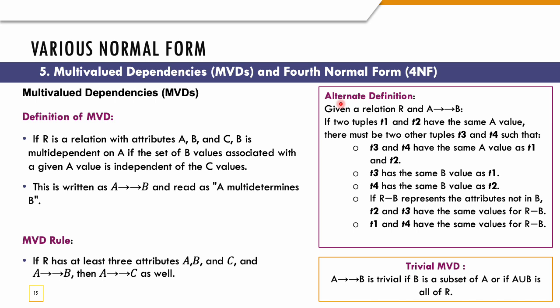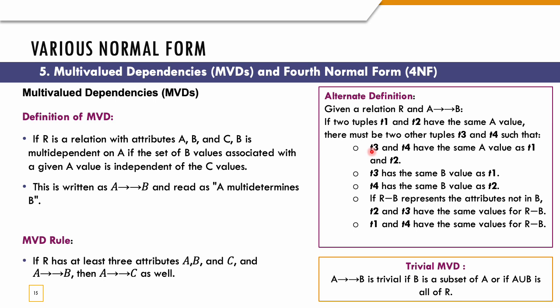If a relation R has an MVD A to B, and we have two tuples T1 and T2 with the same value of A, then there must exist two other tuples, T3 and T4, that also share the same A values as T1 and T2.